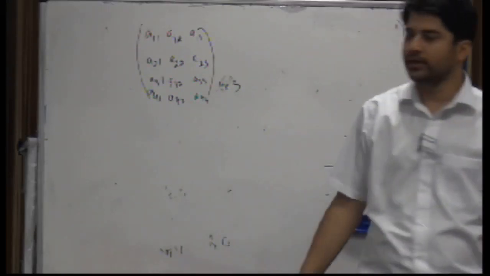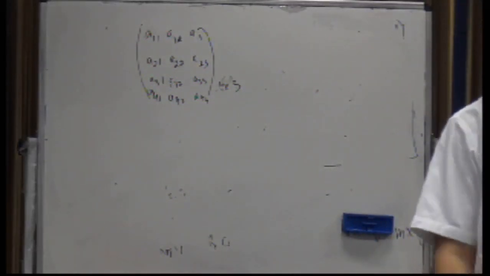So you have 4 rows and 3 columns. So this is 4 by 3.